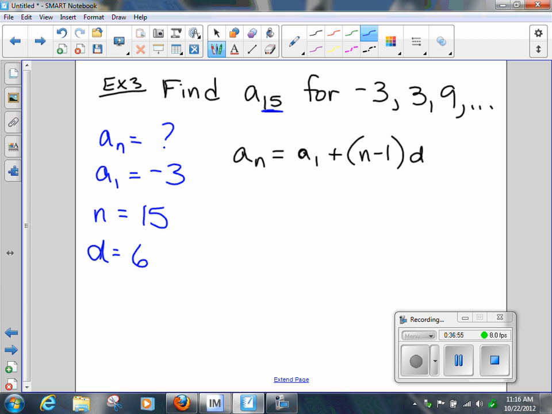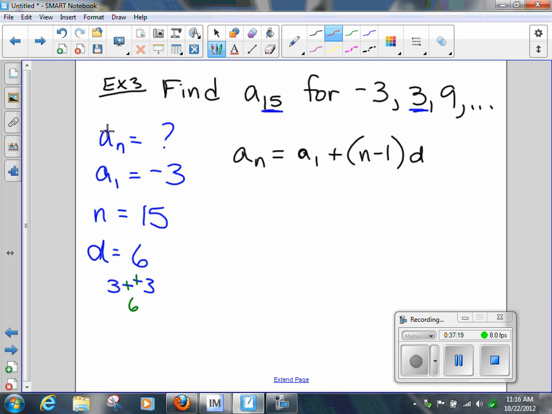How'd you get it? You know that this is an arithmetic sequence. Take the second term and subtract the first term. What is 3 subtract a negative 3? 6. So I know that d is 6.